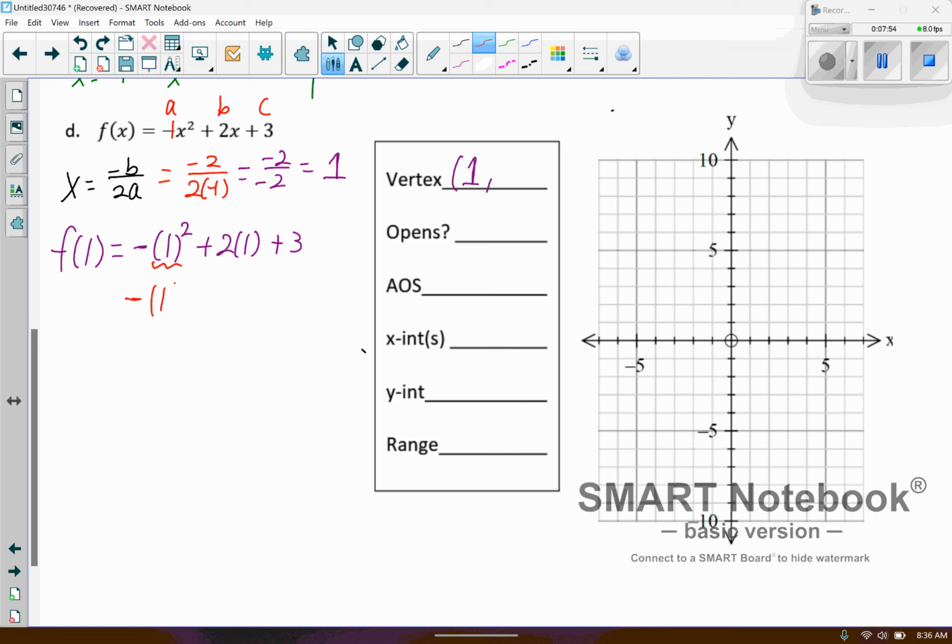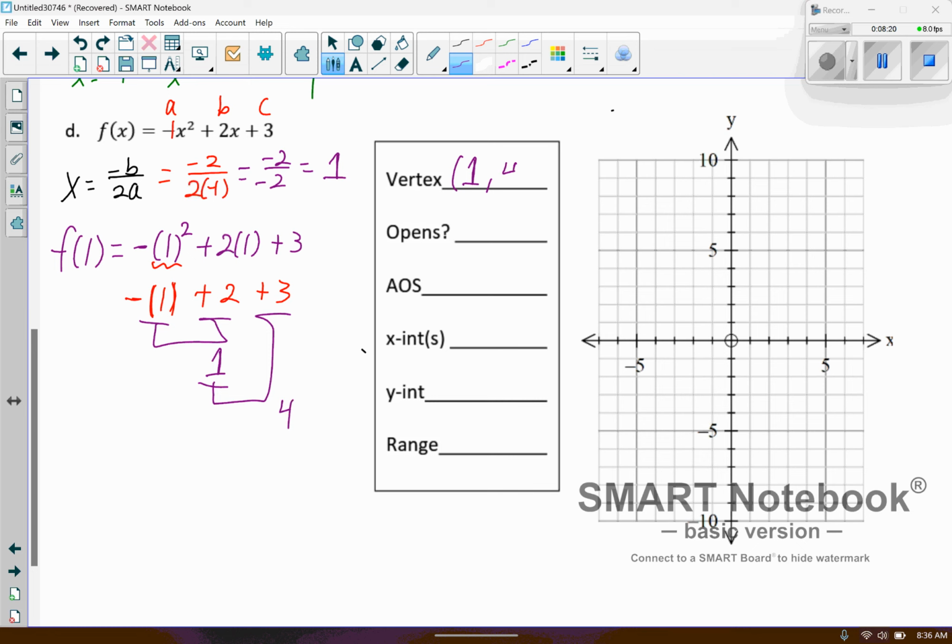So 1 squared is 1, but the negative applies in a moment. Then we have plus 2 times 1, plus 3. When I add this all together, that's -1 plus 2 plus 3, which gives me 4.